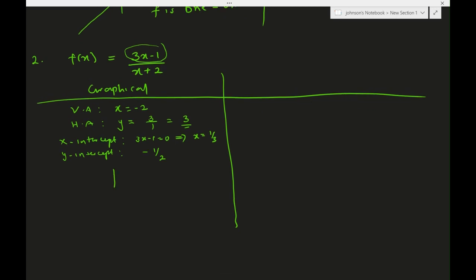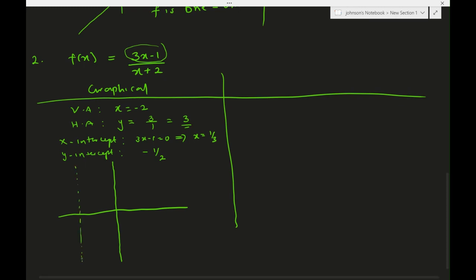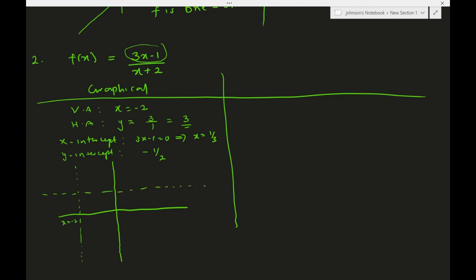Now, quickly, I'll just do this. For details of this, you have to check the videos on sketching of rational functions, right? Now, here, let's do our vertical asymptote. This is our vertical asymptote at x equals -2. And we're going to have a horizontal asymptote here at y equals 3.